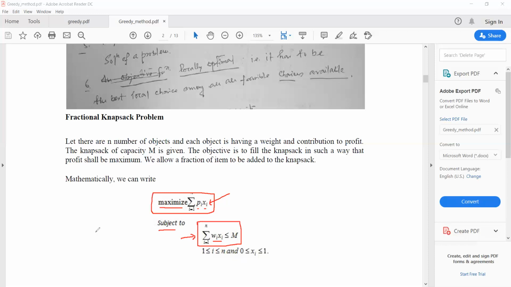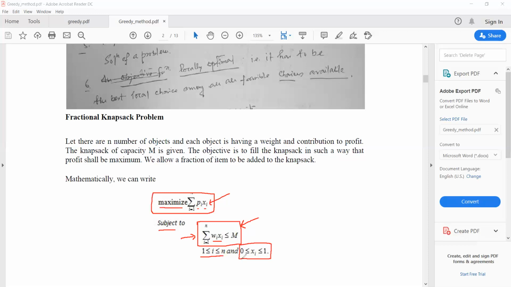It never exhausts or crosses the maximum capacity, where i is the item from 1 to n. And now the weight can be fractional. That means you can choose some fraction of weights starting from 0 to 1.